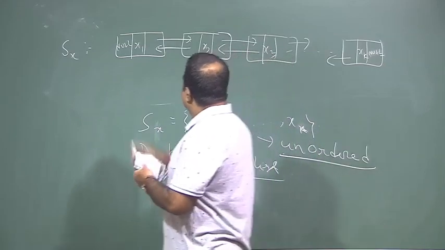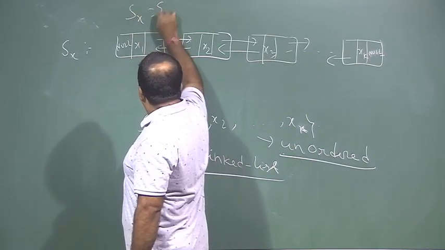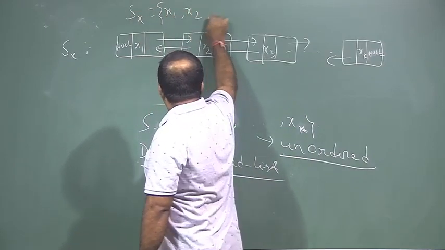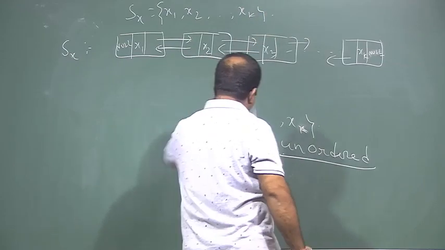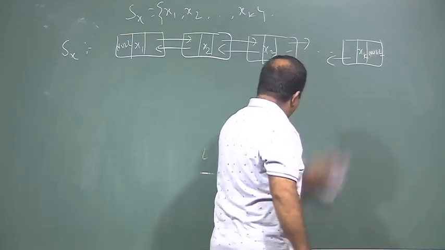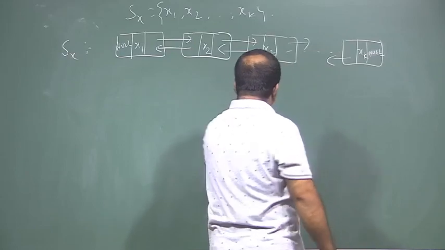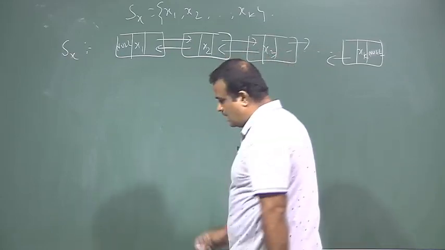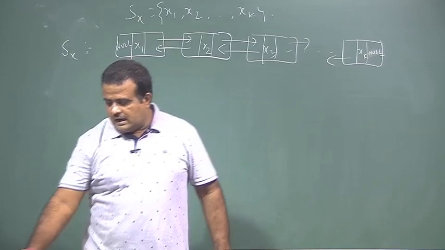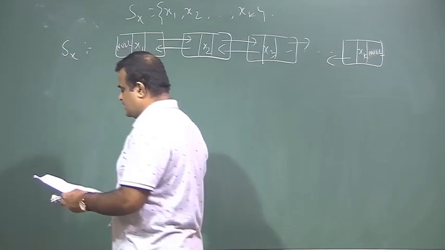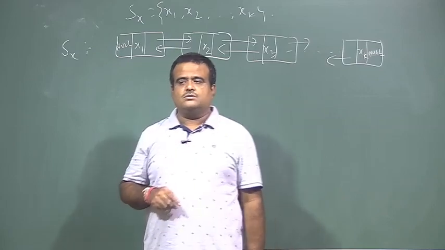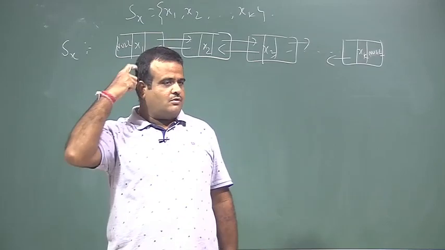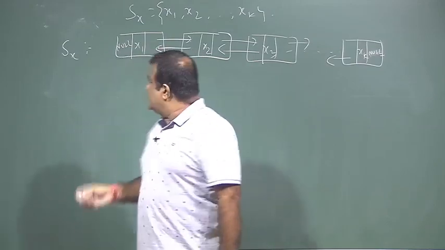So, for this set S x, we store this in a doubly connected linked list. Now we want to see how we can perform the operations, like the make set operation. And now we need to choose a representative element, because this is a data structure we are going to use. So, who is the representative element?